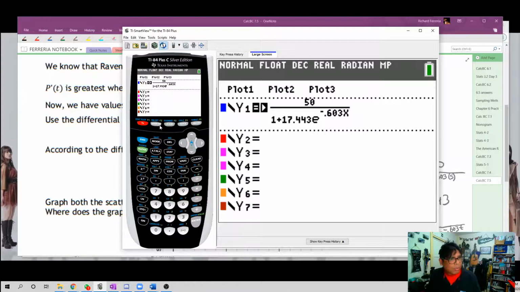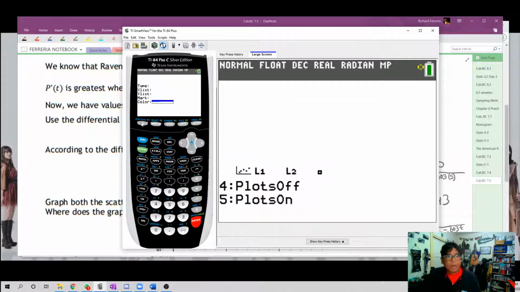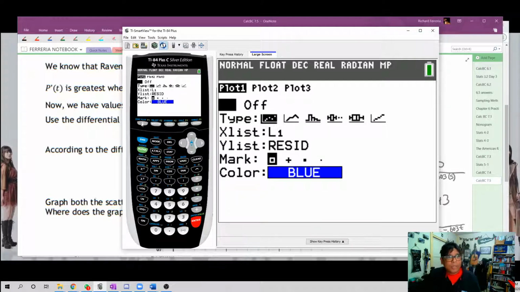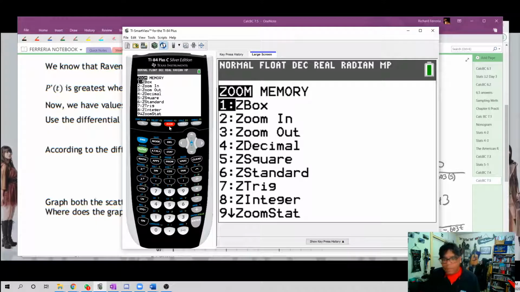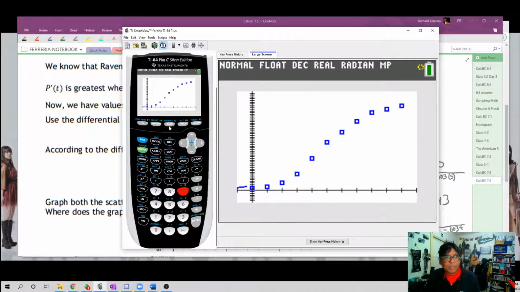So let's just graph everything together. To graph everything here, I'm going to do the scatter plot first, with L1 and L2. And we're just going to zoom statistics. And we'll see how closely we fit here.